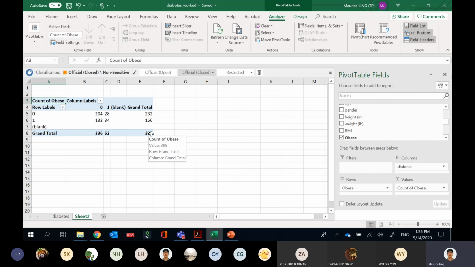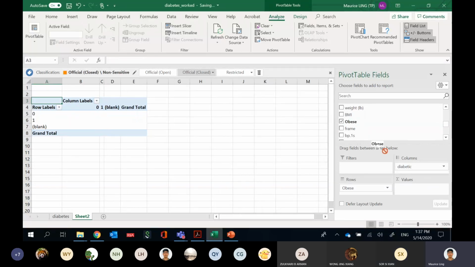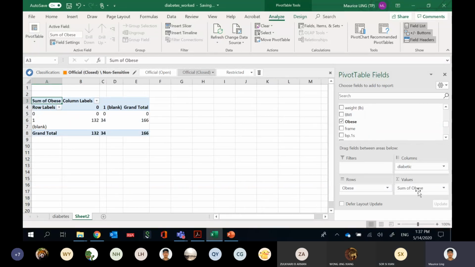So far, so good. Can I repeat? Okay, so originally, when I pull down the obesity into values, by default it is sum, correct? Yep. Okay. Next time please tell me who you are. Then look at where my cursor is. There's this little arrow at the side.